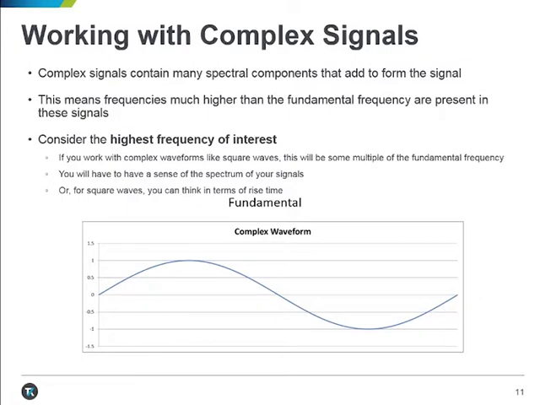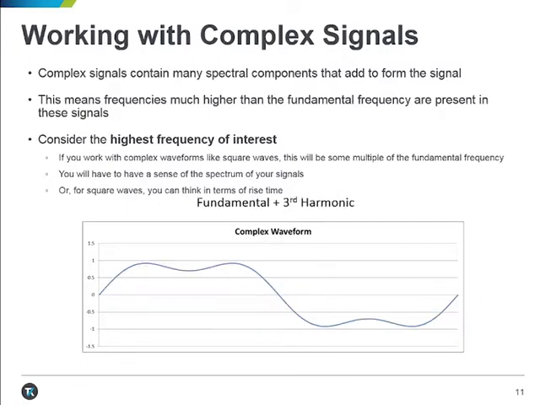For signals like these, it's important to remember that the highest frequency of interest is much higher than the repetition rate of the signal. As you probably remember, non-sinusoidal signals can be built by overlaying a series of sine waves of different amplitudes and frequencies. These different sine waves make up the spectrum of the signal, and it's important to consider if you want to get an accurate representation of these signals.